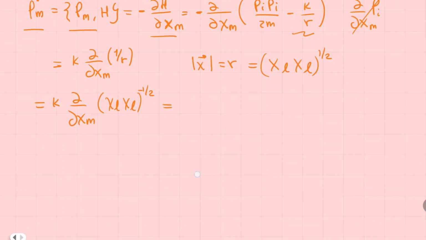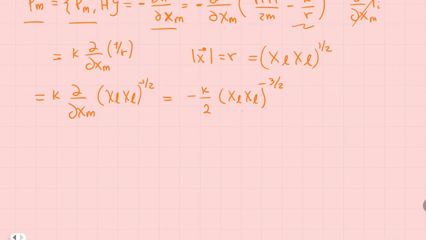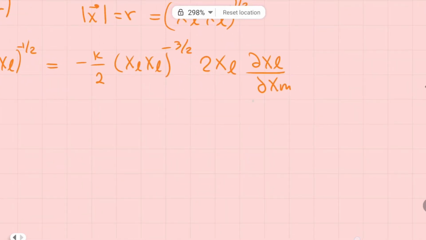Okay, so if we take the derivative of this, we are going to get minus k over 2 times xl xl raised to the minus 3 over 2 times the derivative of this with respect to xm. Okay, but that is like if we had x squared, so we are going to take 2 down here, then times xl, and then you are going to see that this is 2xl, and then the partial derivative of xl with respect to xm. Here we have a very interesting quantity.